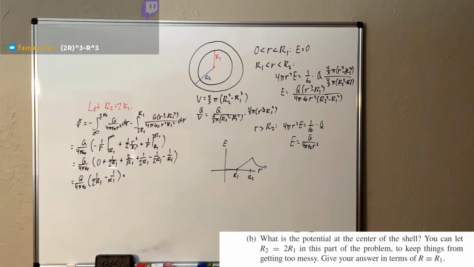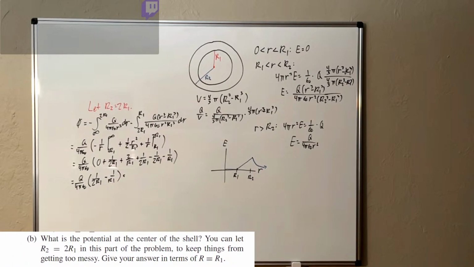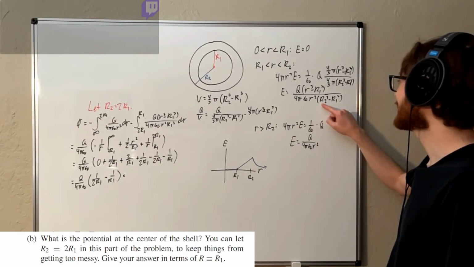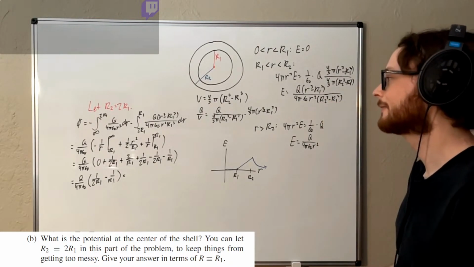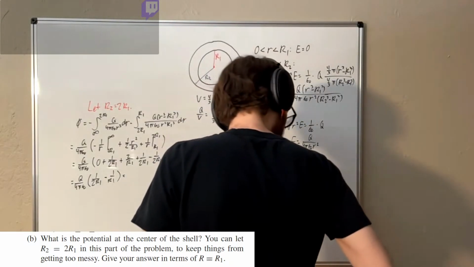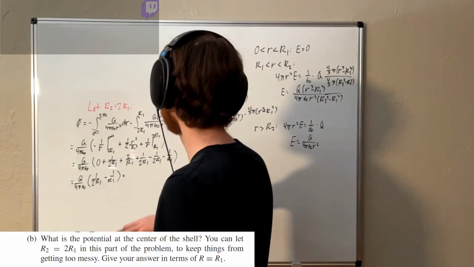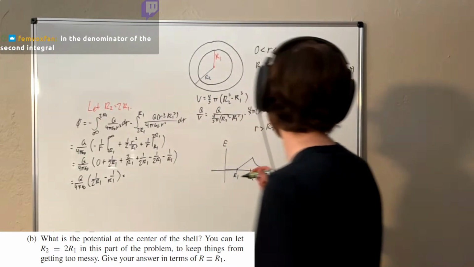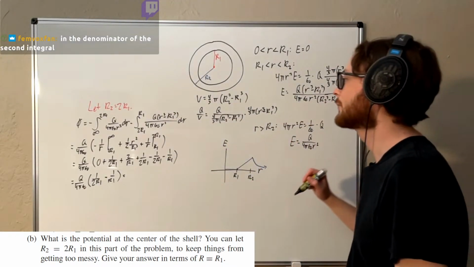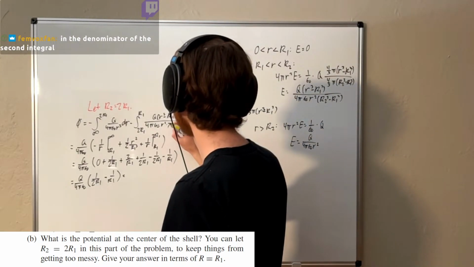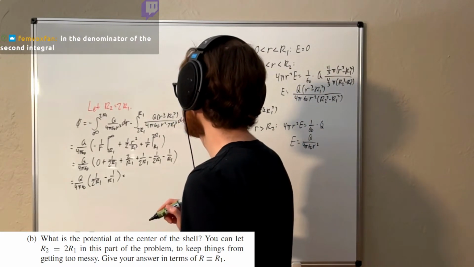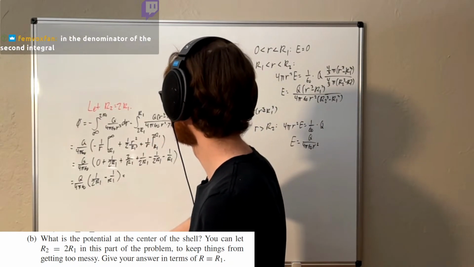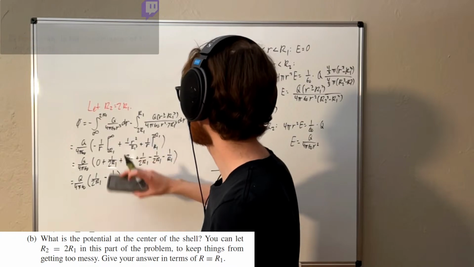Oh, I can't do math. Yeah, when I plugged in 2r1 here, I didn't cube the 2 as well. So it's 8 r1 cubed minus r1 cubed, which is 7 r1 cubed. Okay. Can I just be lazy and multiply each of these by 1 over 7 though?